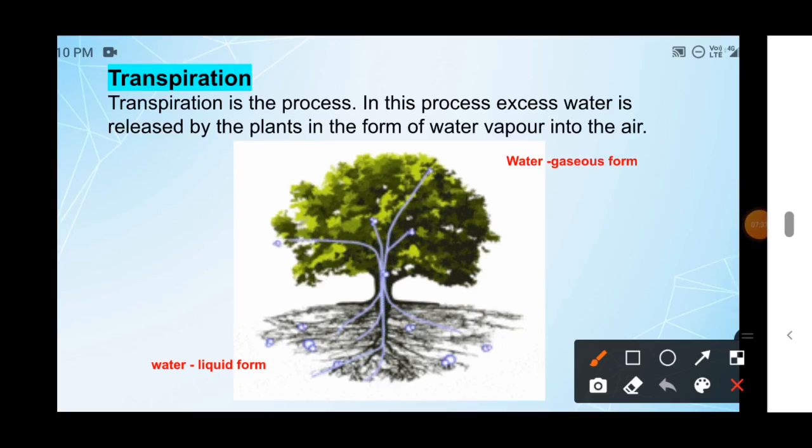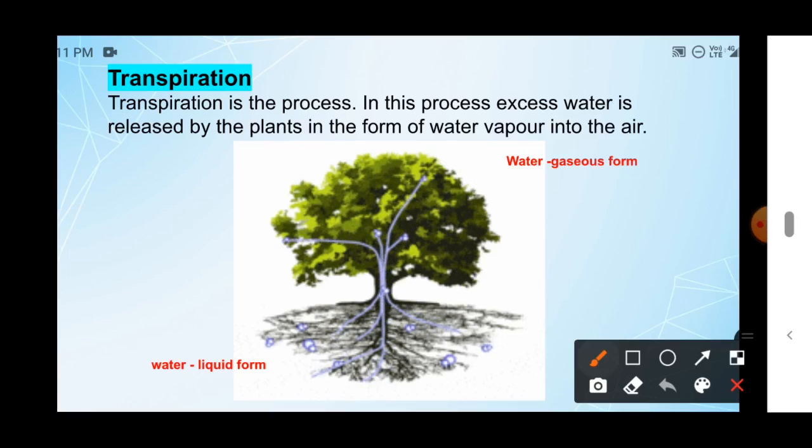Next, we see another new topic, that is transpiration. So first, what is transpiration? It is also similar to evaporation. Okay students, the transpiration process is similar to evaporation. In this transpiration process, excess water is released by the plants in the form of water vapor.